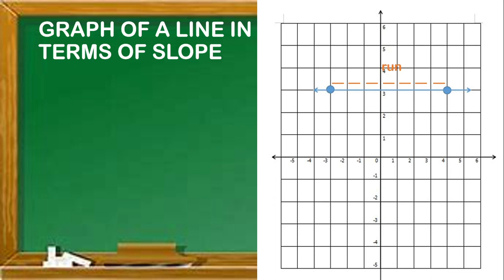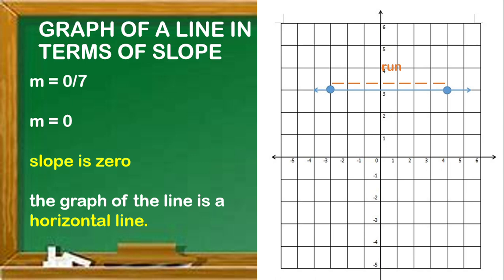So our run is 7. So our slope will be m is equals to 0 over 7, or m is equals to 0. So the slope is 0. And the graph of the line is a horizontal line, as we can see here. It's forming a horizontal line.